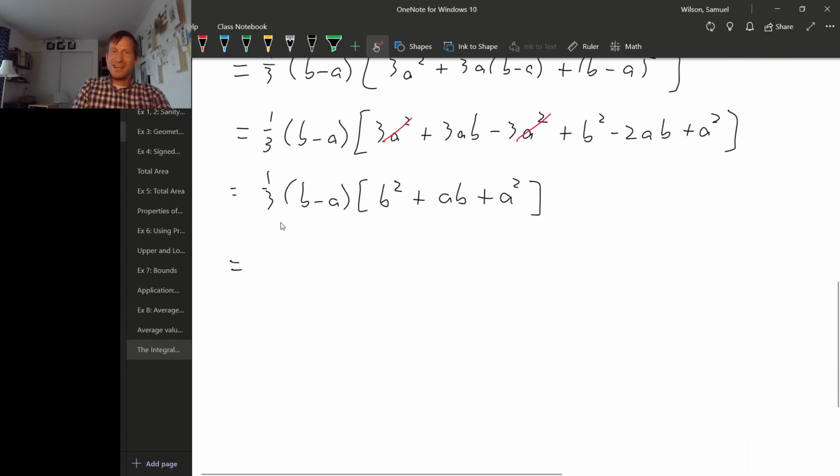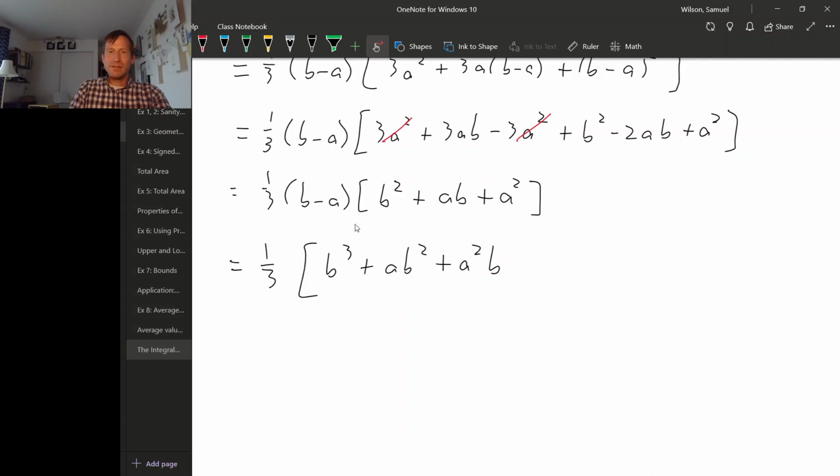Okay, I guess there's no getting away from multiplying out all of these a's and b's. So when we distribute b through everything, we get b cubed plus ab squared plus a squared b. So that's distributing this b. Now let's distribute the minus a. Minus ab squared minus a squared b minus a cubed.